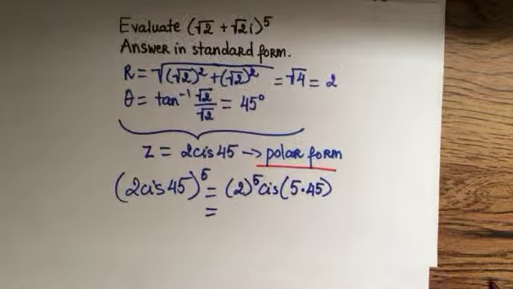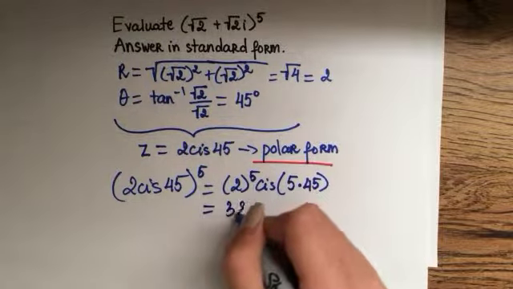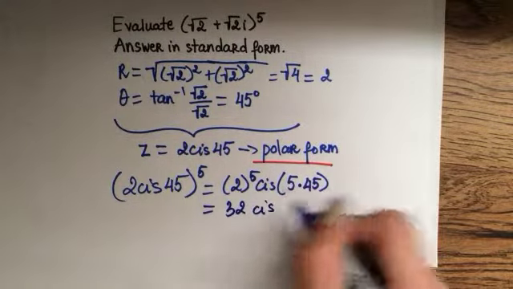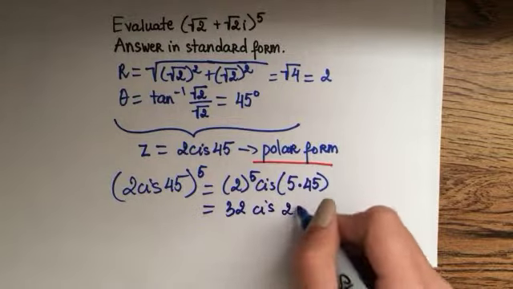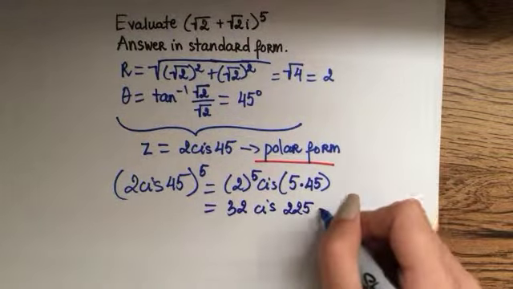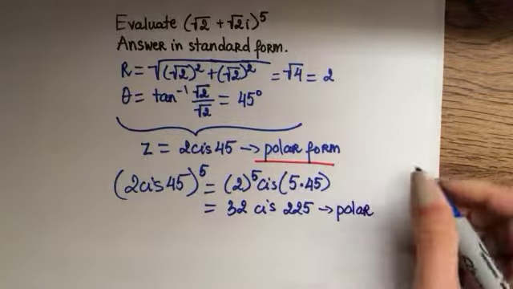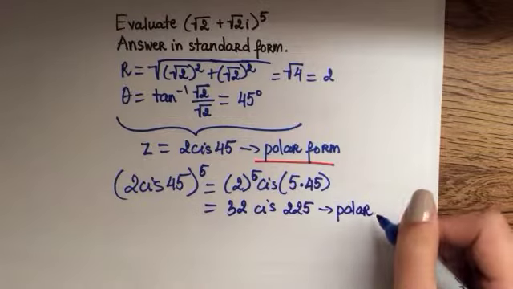If you plug this in your calculator, it will give you, I believe, 32 cos 225. This is in polar form, or you can also call it trig form.